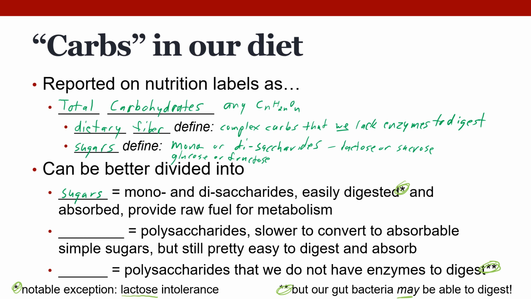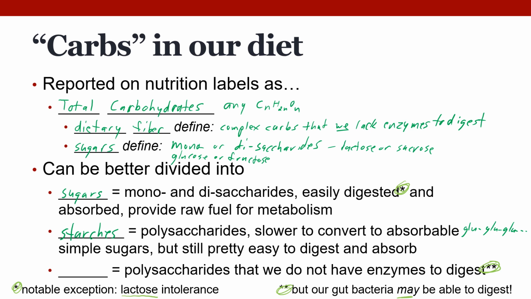Okay, the next most difficult to digest category would be starches. And a starch is basically a chain of glucose, dot, dot, dot, usually very, very long chains of glucose.